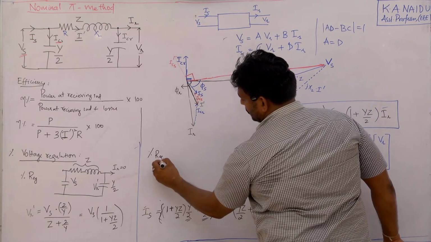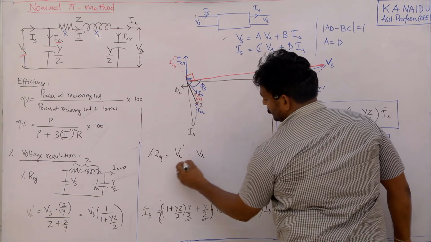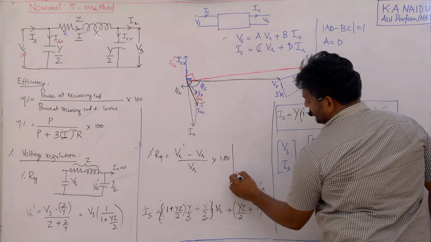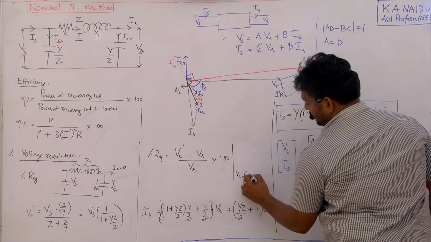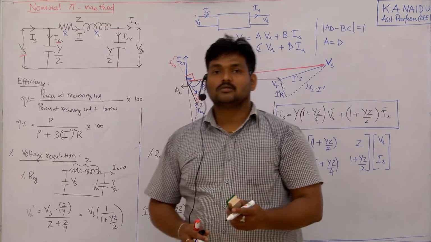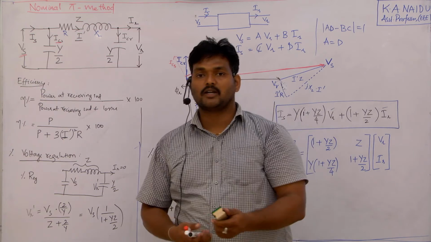Percentage regulation is equal to VR dash minus VR by VR multiplied by 100 at constant supply voltage and frequency. So this is about the performance of the medium transmission line using the nominal pi circuit.